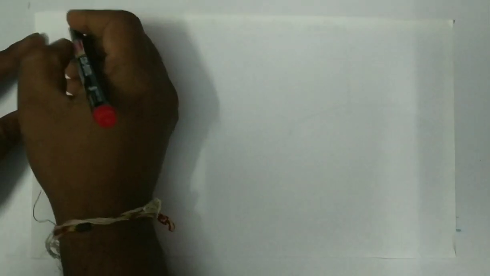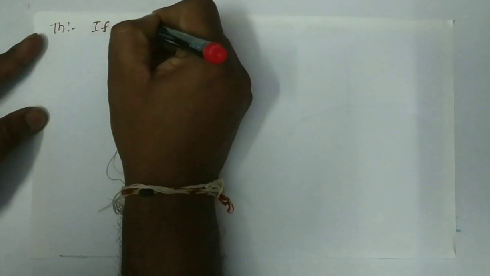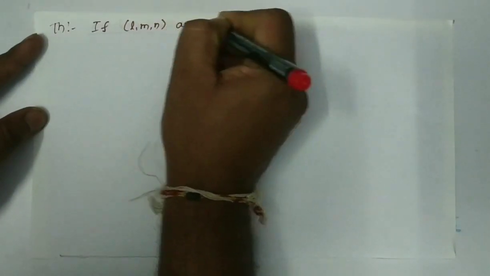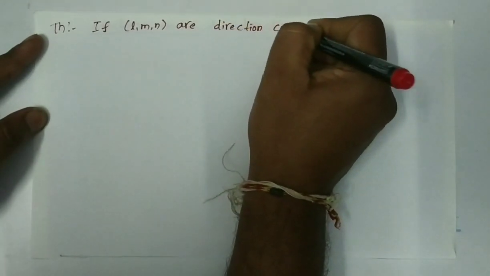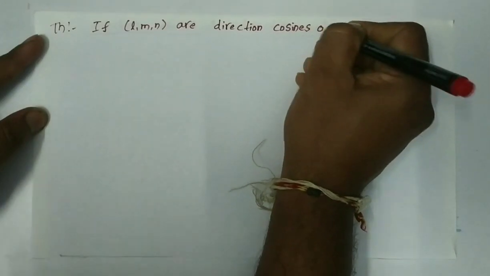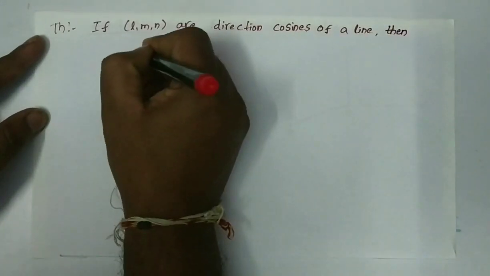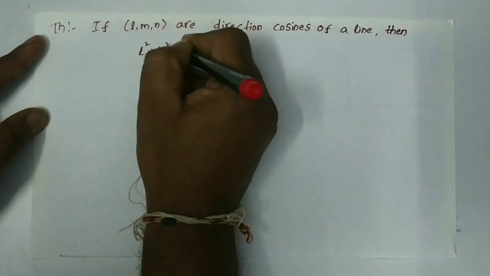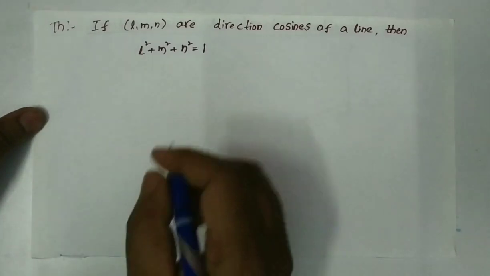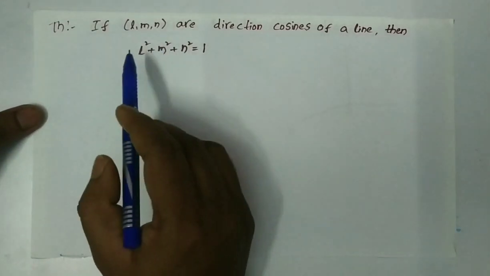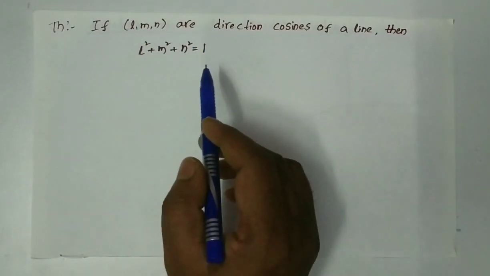Next, let us see another theorem. If l, m, n are direction cosines of a line, then l squared plus m squared plus n squared is equal to 1.